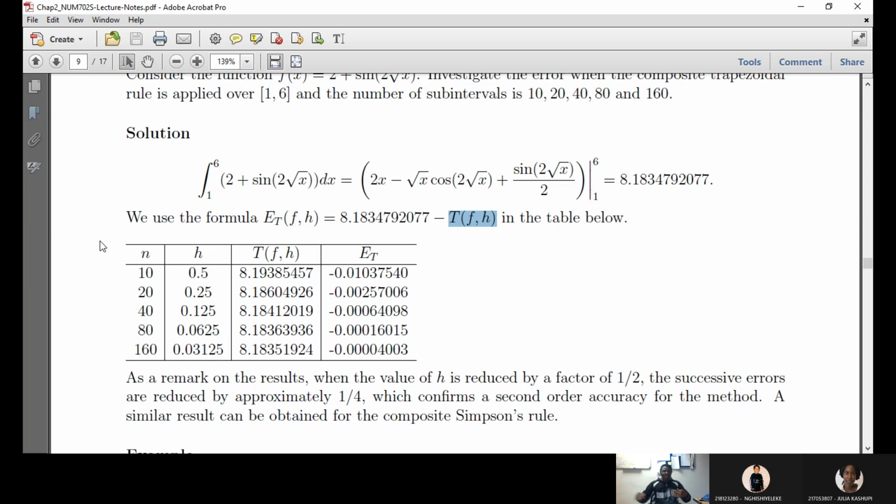So as we do that, what happened to the error term? This is the error term for the first value of h, 0.5. This is the error term. Now, if we double the number of subintervals, or if we halve the step, what do we get? Here we have 0.